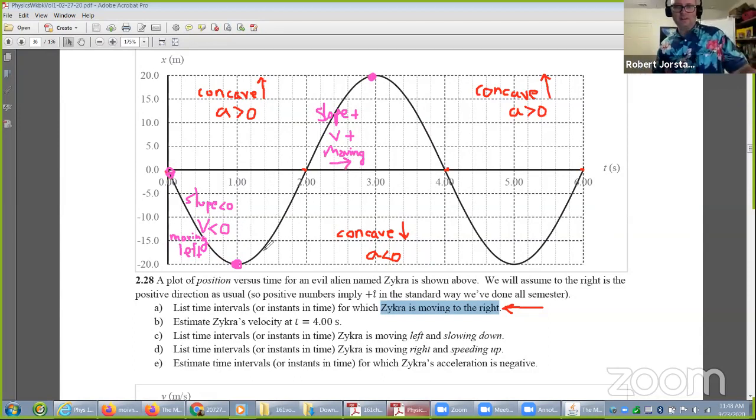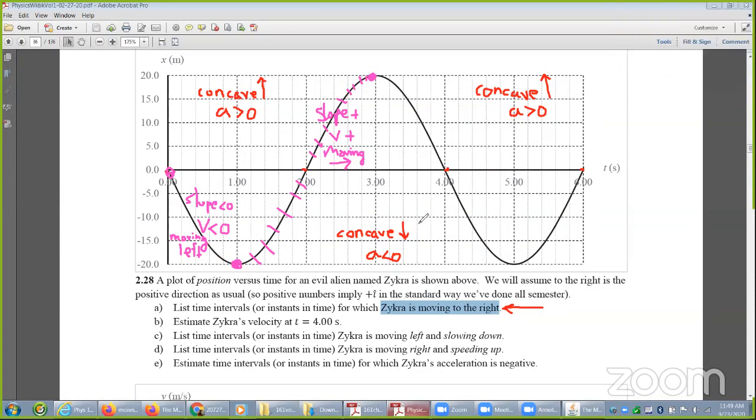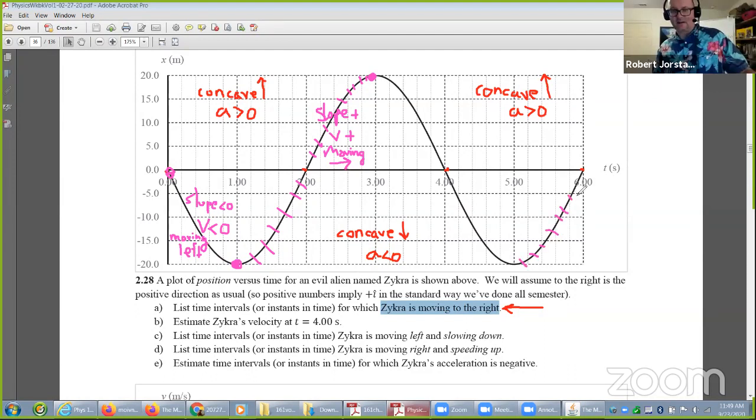And so we see all of this part right here. You're moving to the right. Are there any other time intervals you're moving to the right? Yes. 5 to 6. Yep. And so the dashed lines there, so that would be this answer.